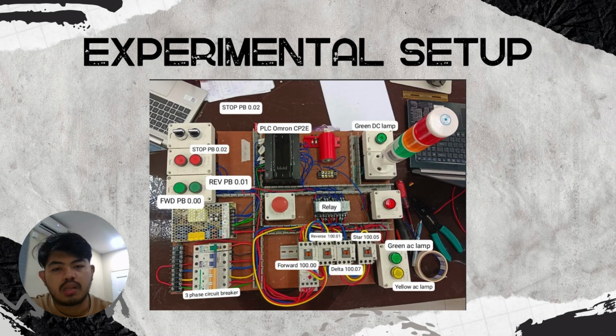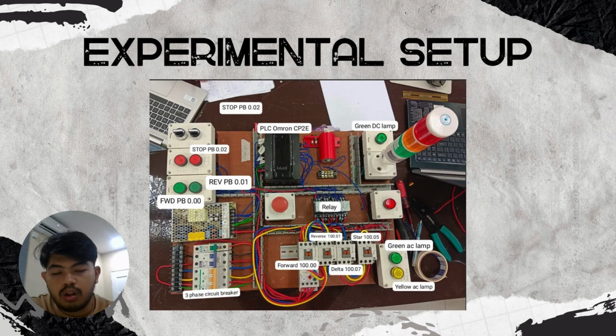So this is our experiment setup. In this trainer, we have a forward push button addressed as 0.00 for input, reverse push button 0.01 for input, and stop push button addressed as 0.02.